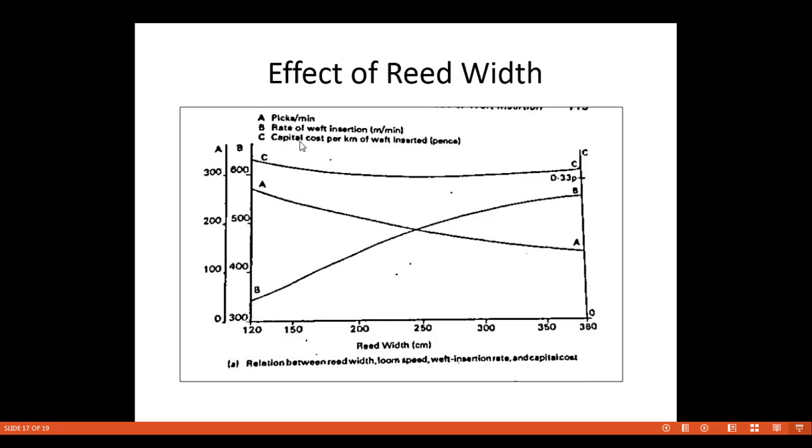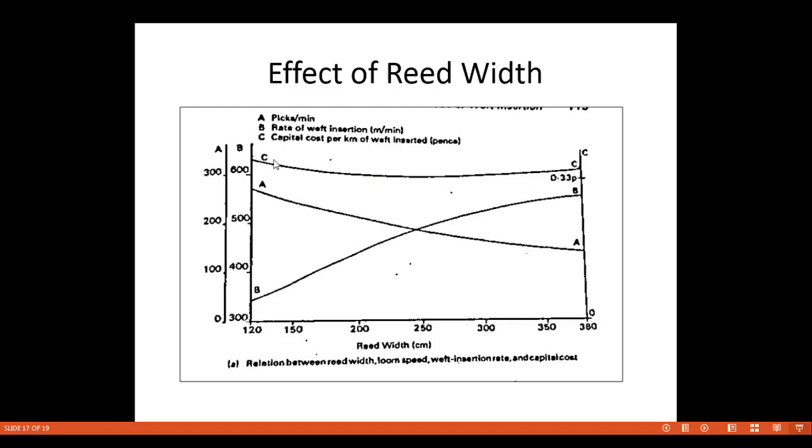Next we will see the capital cost per kilometer of weft inserted. How much does it cost to insert 1 kilometer of weft as the reed width increases? As the reed width increases, the C curve goes down slightly and again increases. This is the x axis, and this is the y axis. We can see the cost goes somewhat less at the center, and again increases.